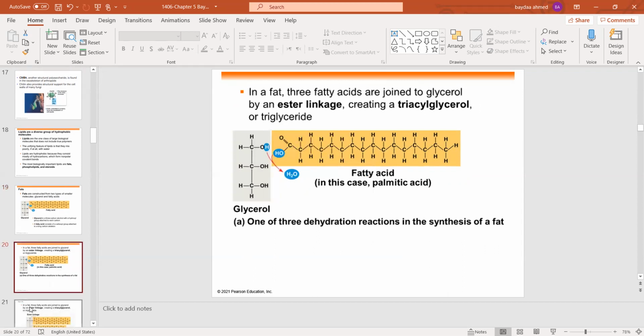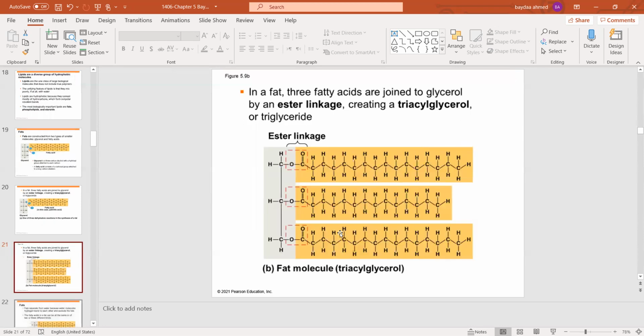The molecular building blocks of a fat are one molecule of glycerol and three molecules of fatty acids.